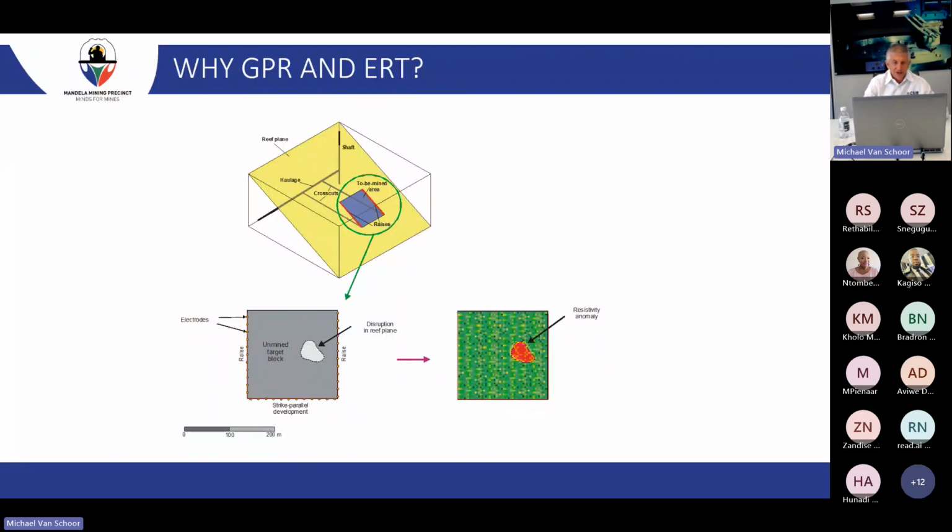What we then typically do in the conventional mining layout, or mechanized sections, is we try to put electrodes around, or at least on two sides of, that to-be-mined block, and then do our resistivity surveys and produce some sort of a resistivity map that shows us where the anomalous features are. And those changes or anomalies in your resistivity structure are often associated with structures like potholes, intrusions, and faults.